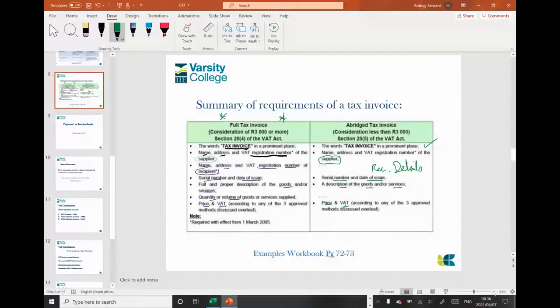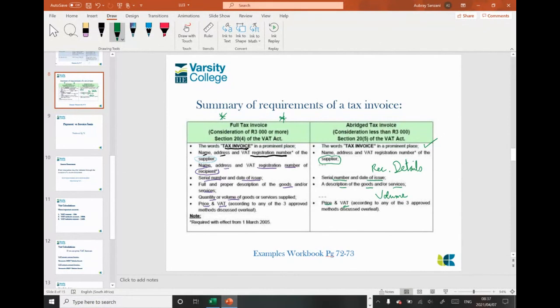We only need the supplier details. And then secondly, we don't need the volume or quantity of the goods. Otherwise we need everything else that we would need on a full tax invoice.